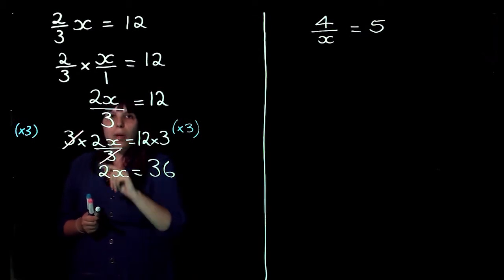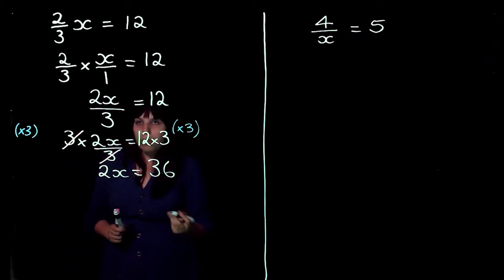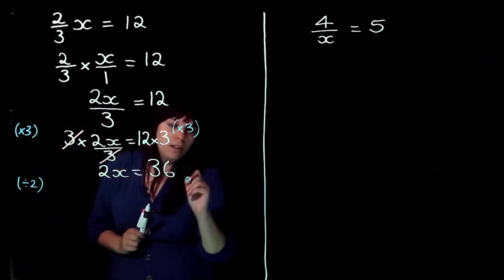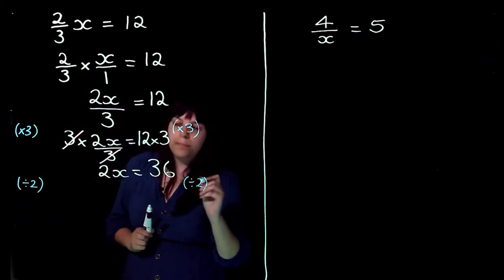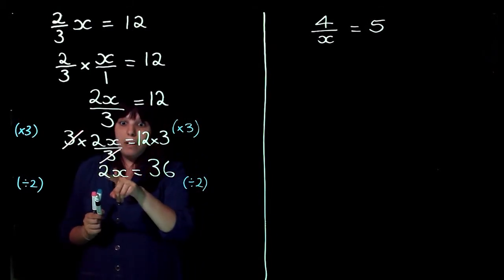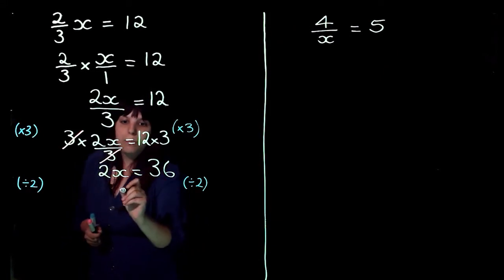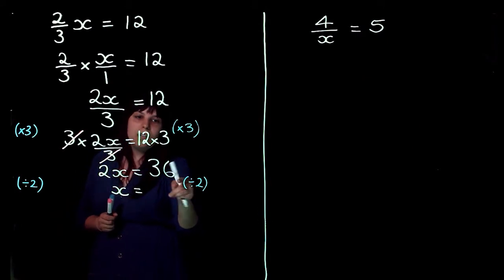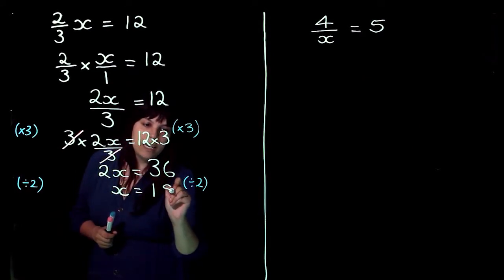I'm currently multiplying by 2, so to get rid of that multiply by 2, I do the inverse, which is divide by 2. And doing that to both sides gives me, I'll just do it in one step now, 2x divided by 2, 2 divided by 2 gives me 1, so I'm just left with my x. And then 36 divided by 2 will give me 18.